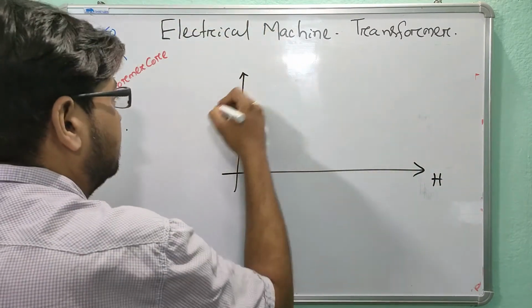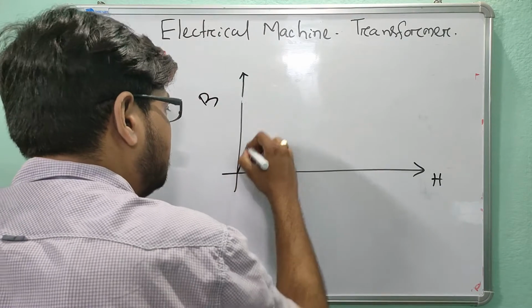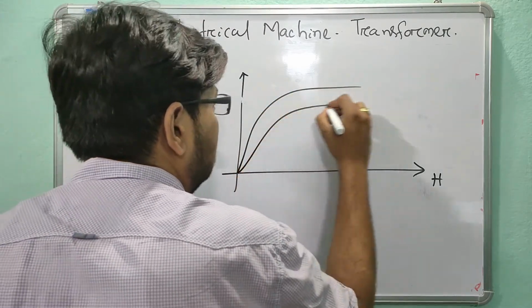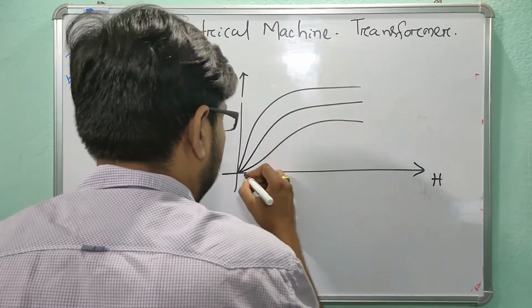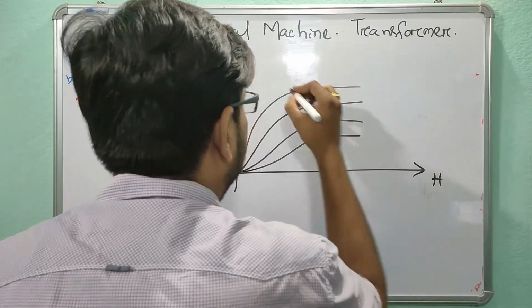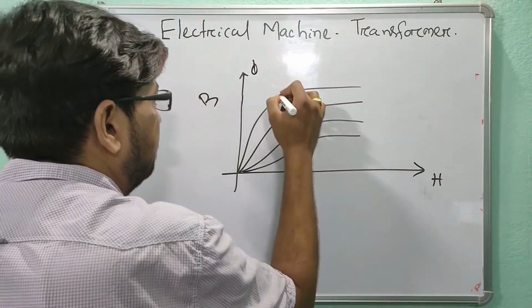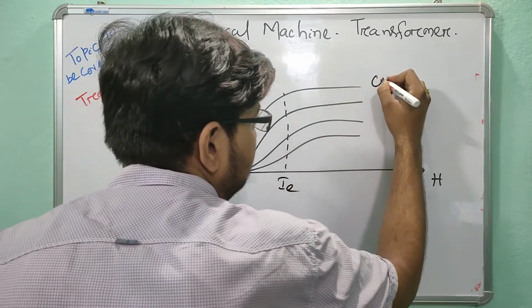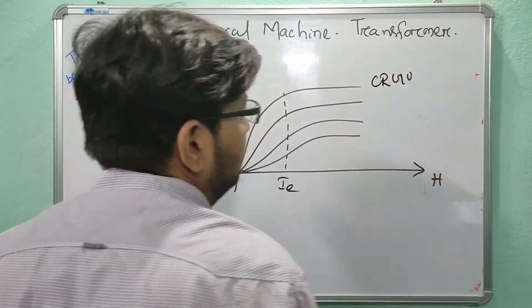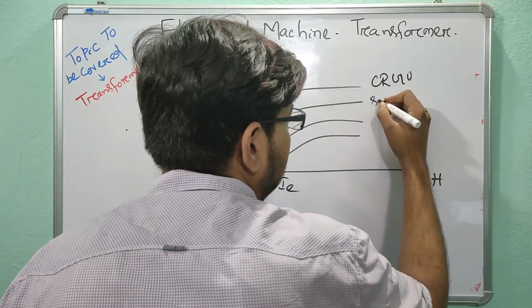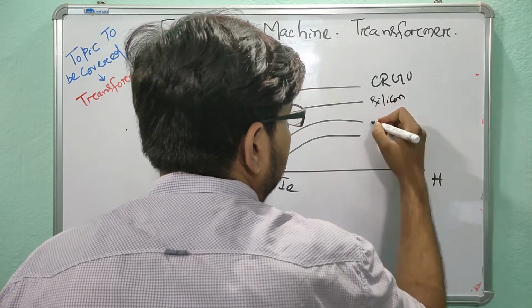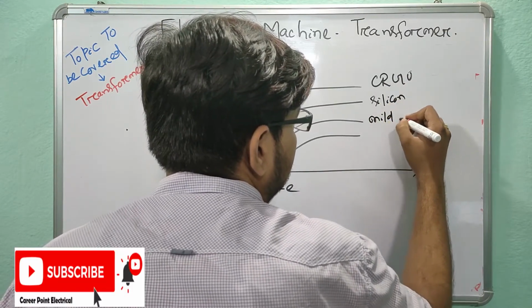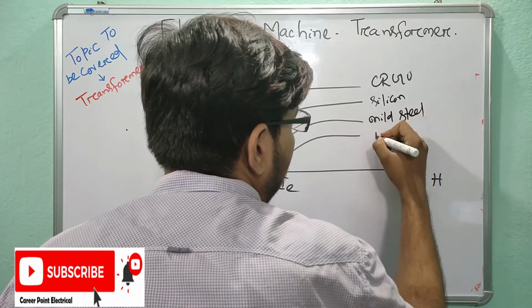This is my H, this is my B, so this is phi flux, it is IE, that is CRGO, then silicon, then mild steel and iron.